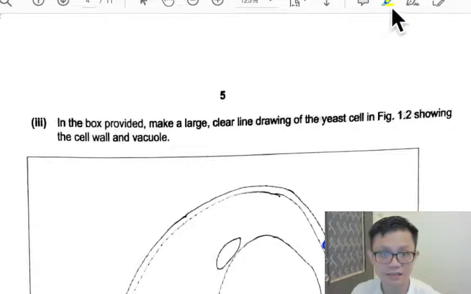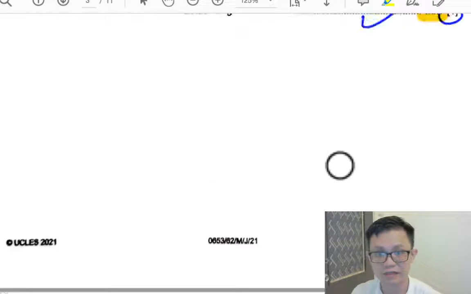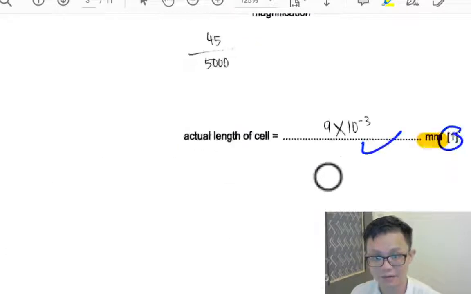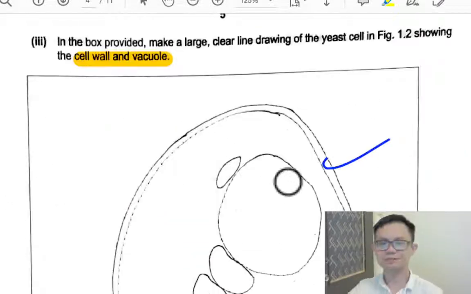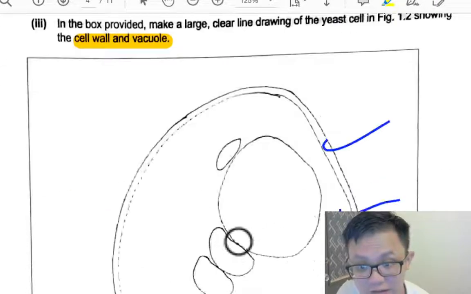The question says, make a large clear drawing of the yeast cell showing the cell wall and vacuole. Where's my highlighter? The reason I didn't give the mark is that the student didn't label it. But the marking scheme didn't say label, and the question also didn't say label.